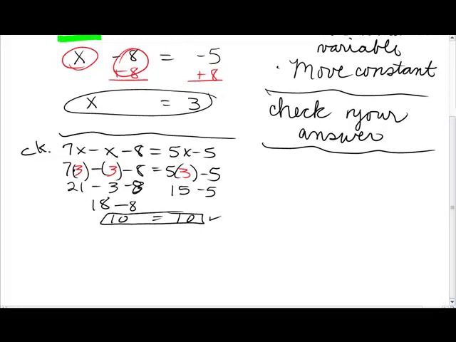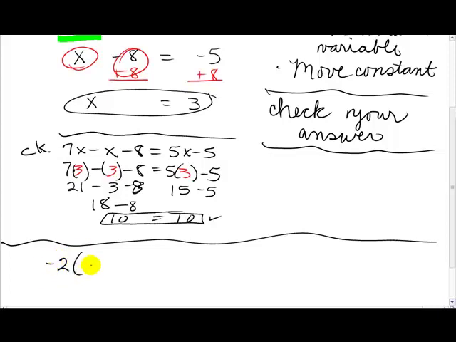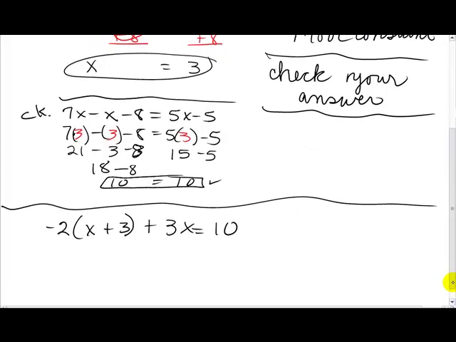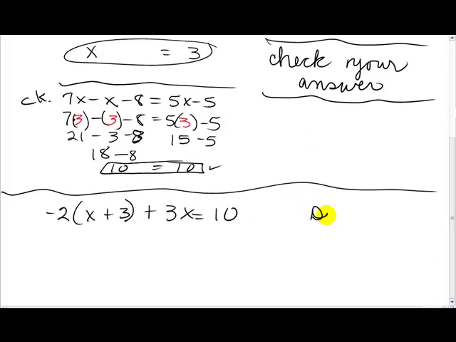Another step that we saw earlier in this chapter was the distributive step. So it's going to be the first thing that you will want to do whenever you have an equation to solve, because we want to distribute.